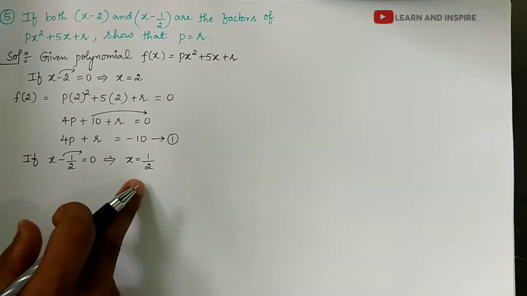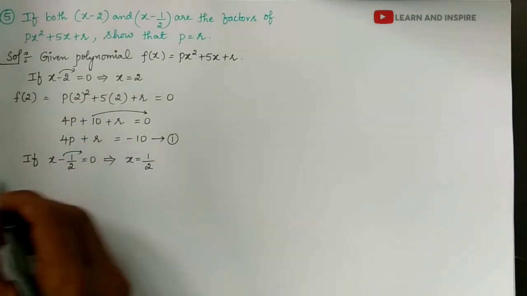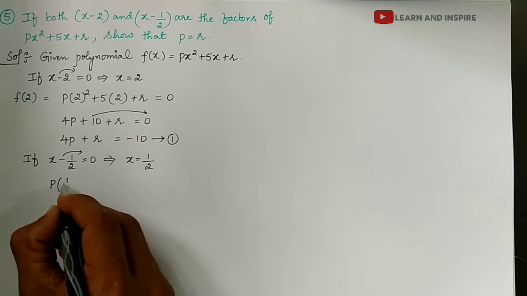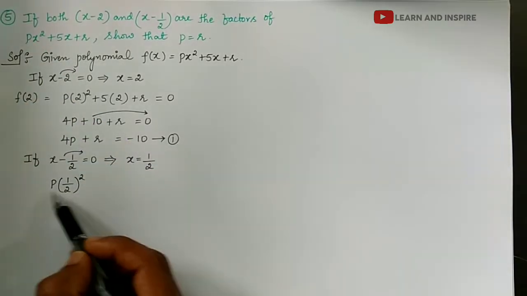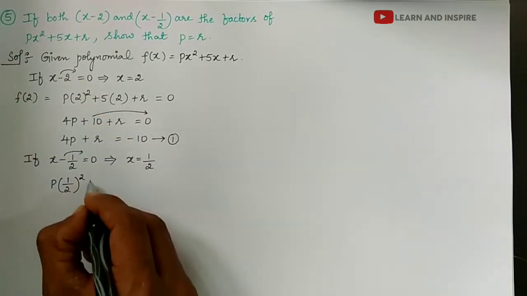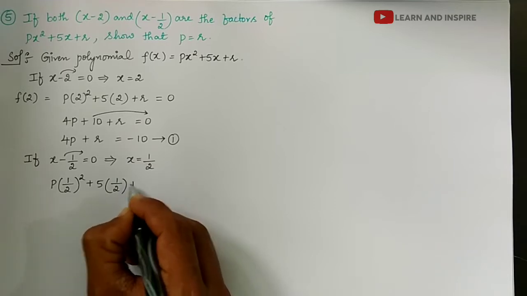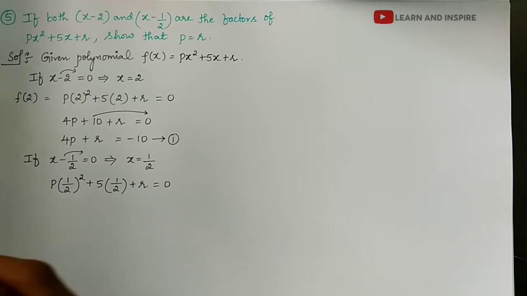So we have to substitute x equals 1 by 2 in the given polynomial f of x. Then we get p into 1 by 2 whole square, plus 5 into 1 by 2, plus r equals 0, because this is a factor.